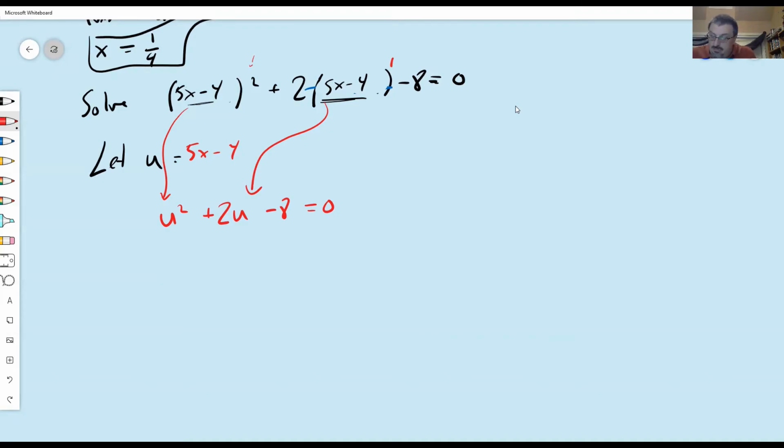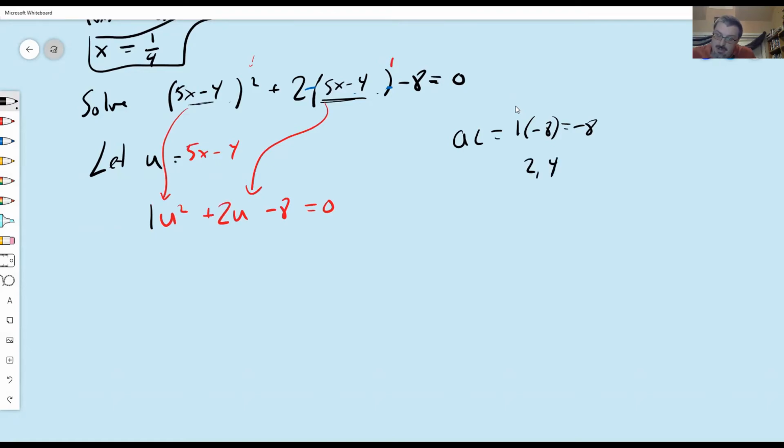All right, so factoring by grouping, a times c equals 1 times minus 8. And there's a little bit faster way to do it, but for some of us, we need to see the slower way. So the factors of minus 8, well, it's going to be 2 and 4.